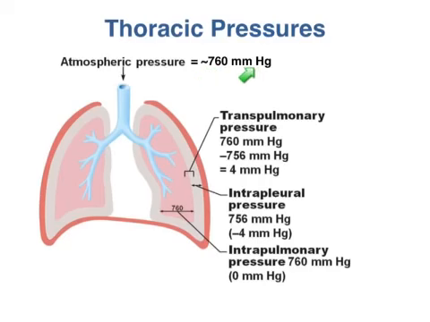So if you see a respiratory pressure of 0, that means that it's equal to atmospheric pressure. If you see a respiratory pressure of -4, that means that it is 4 millimeters mercury less than atmospheric pressure.